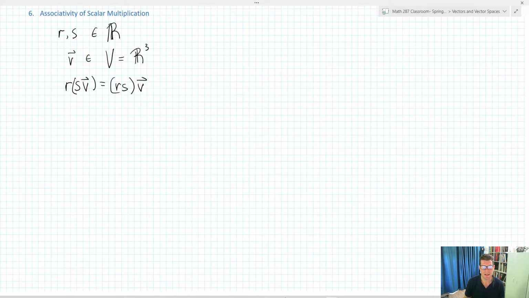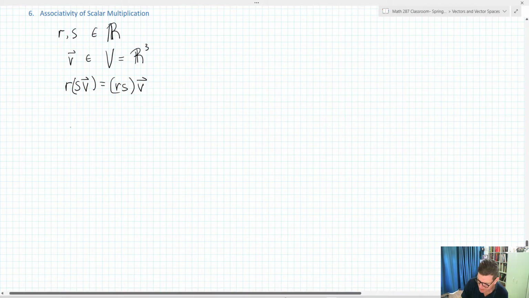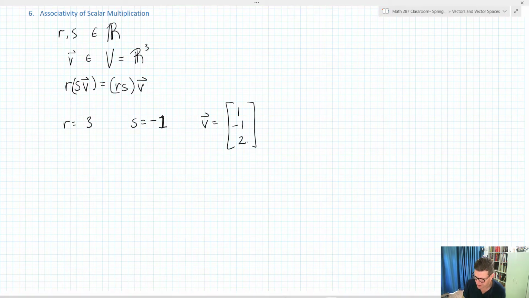What this is going to basically allow us to do is some kind of factoring from individual vectors. So let's say, for example, I have r equals 3 and s equals negative 1, and then we'll let v equal 1, negative 1, 2. We'll have that be vector v.